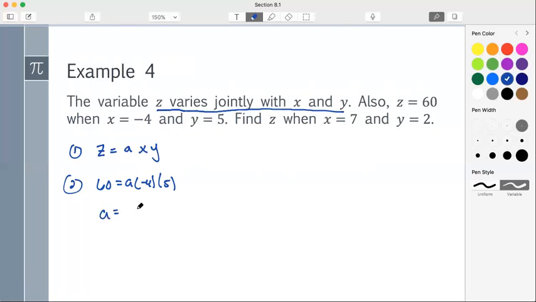Solving, you get a equals, I think it's going to be 60 divided by -20, which I get -3, if I'm correct. Okay. So then we rewrite the equation: z equals -3 times xy. Solving for z, so -3 times 7 times 2. And that is how we get z equals -42.